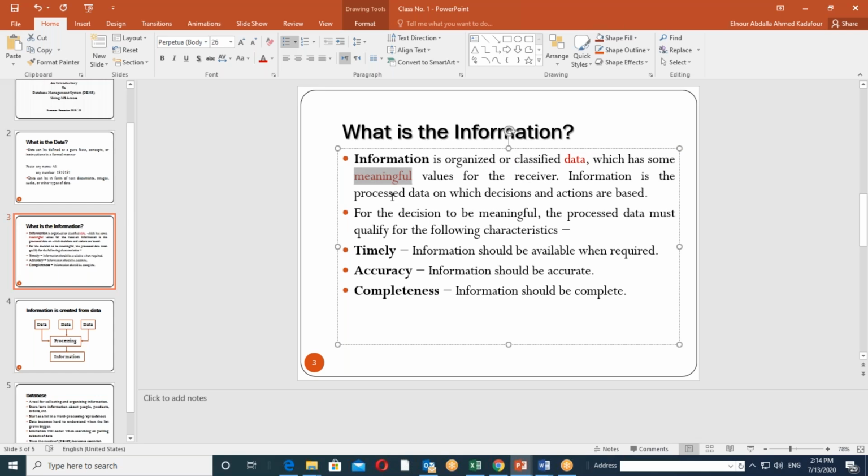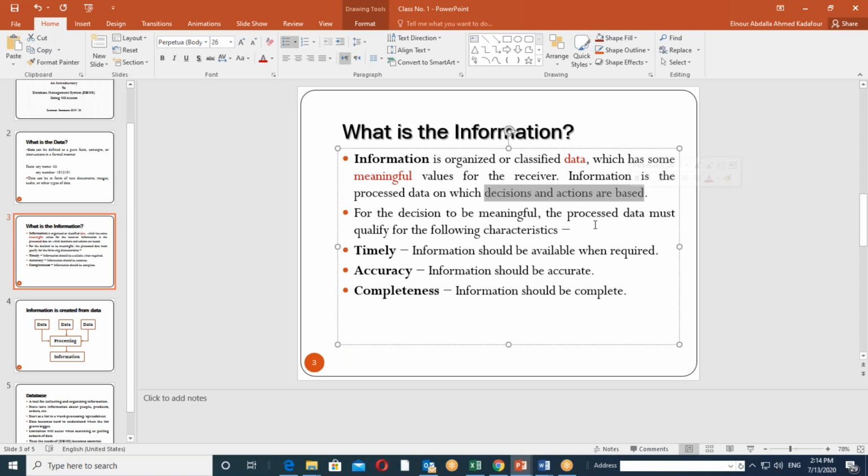It is data that has been processed, which will help us with this information in decision making and actions. That's why people are running behind the information. Right now, information is valuable.